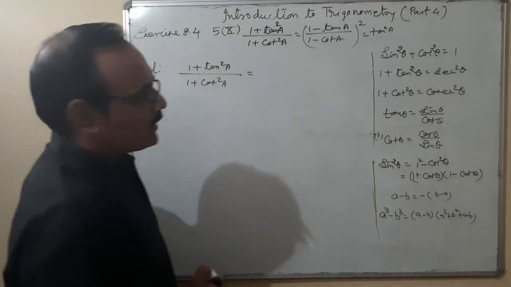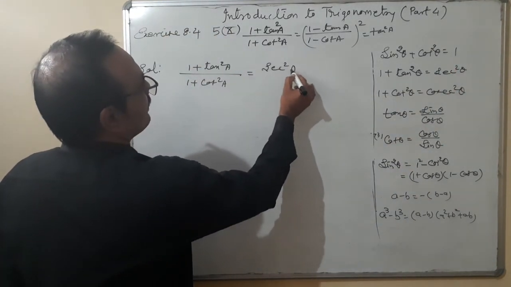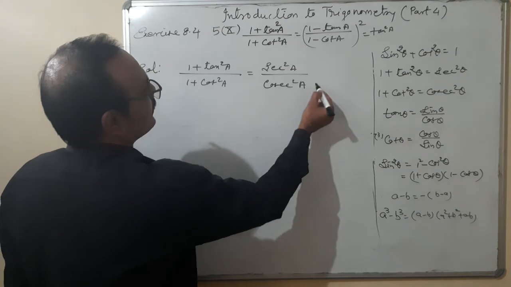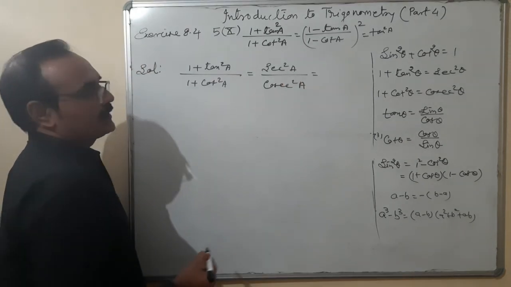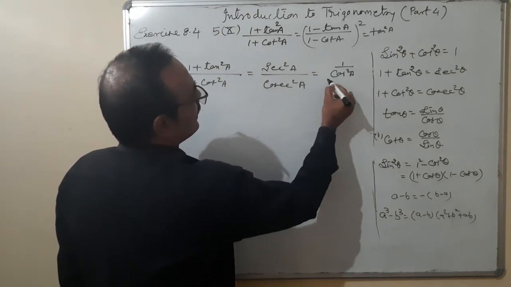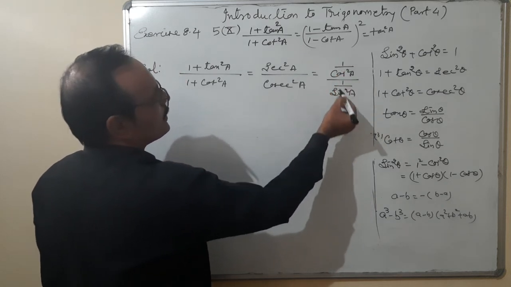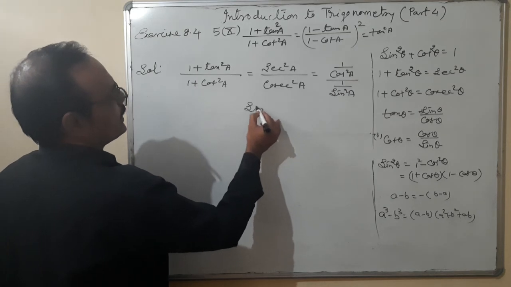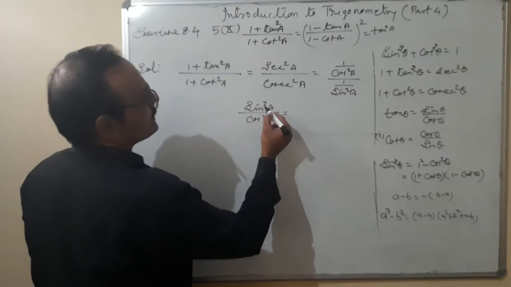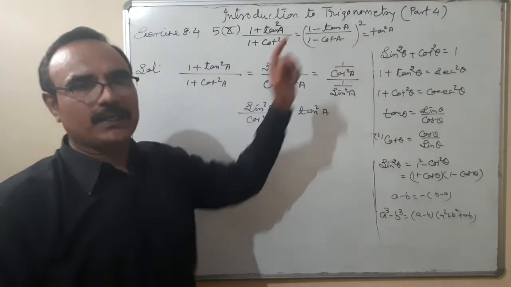Direct identity: 1 plus tan square A is equal to sec square A, and 1 plus cot square A is cosec square A. Sec is the reciprocal of cos, so I write 1 upon cos square A, and cosec is the reciprocal of sine, 1 upon sine square A. Again 1 upon 2 upon 3 upon 4, so I write sine square A upon cos square A, and sine upon cos is tan, so it is tan square A. Okay. So this term is equal to tan square A.